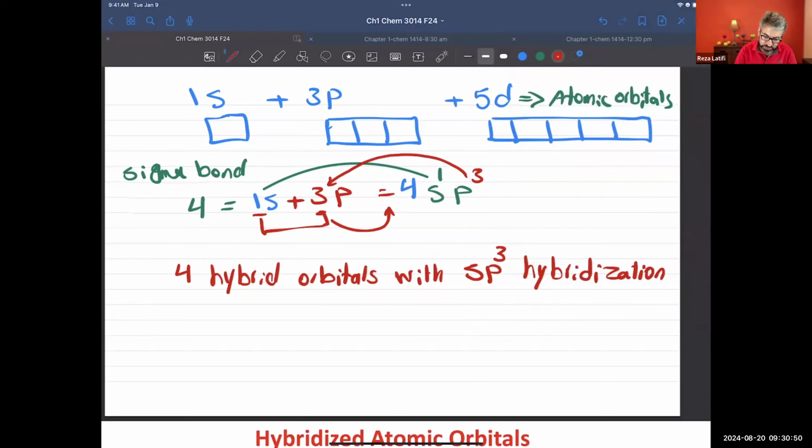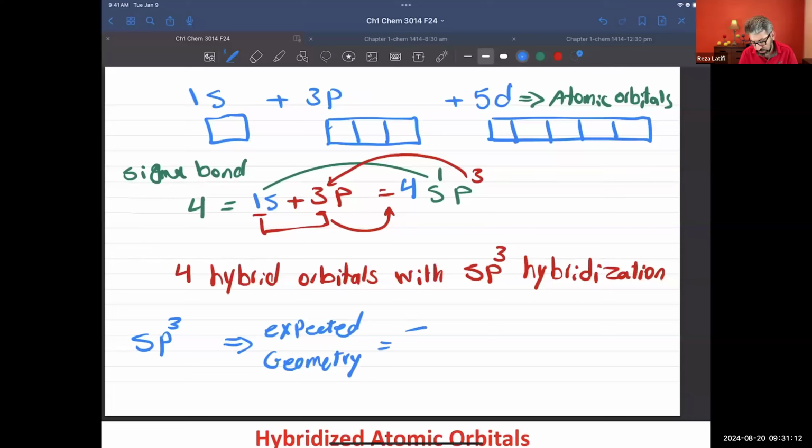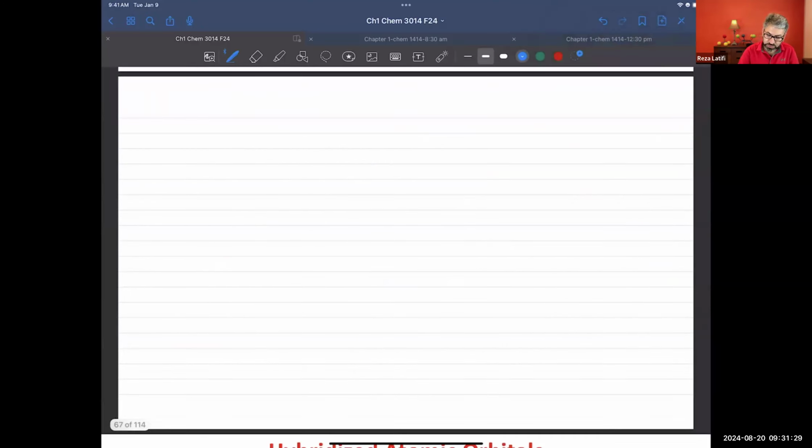But before I go to the next subject, I have to say this: because we got the hybridization is sp3, the expected geometry is tetrahedral, and the expected bond angle, or theta, is 109.5. Okay, now let's move to such a molecule.